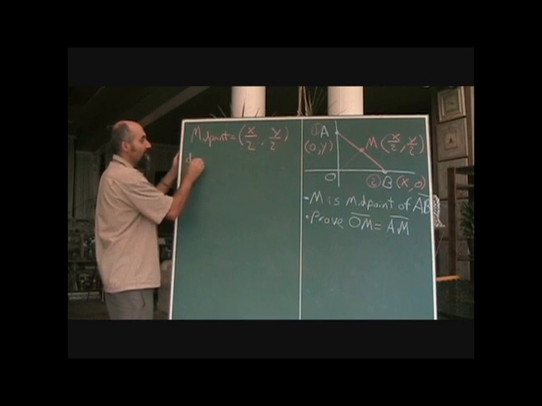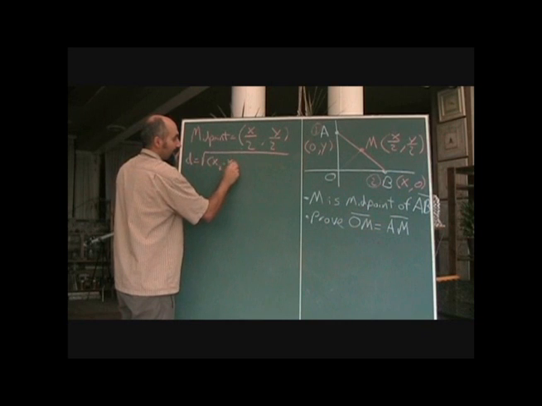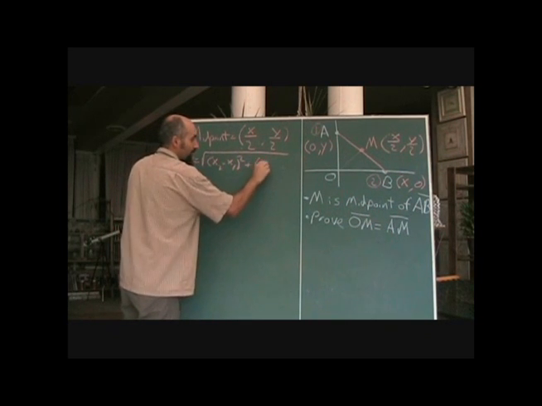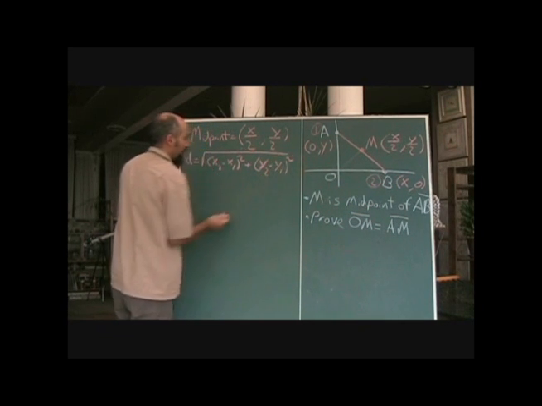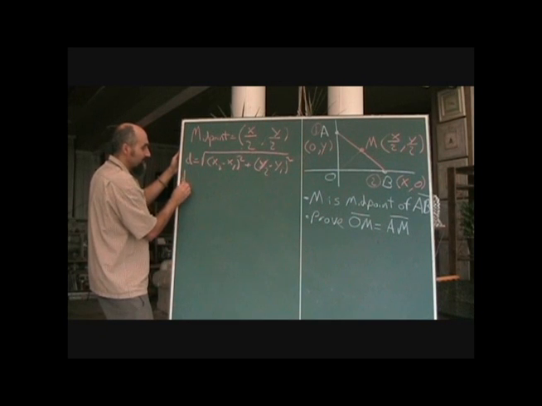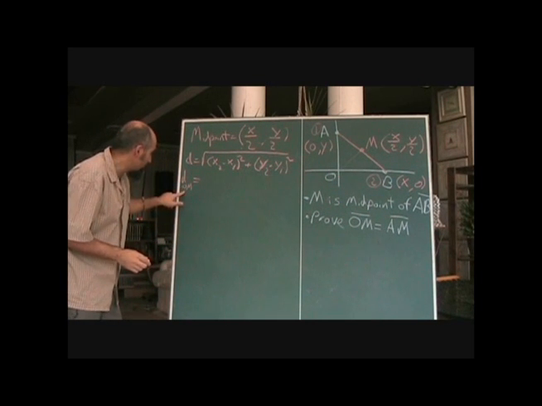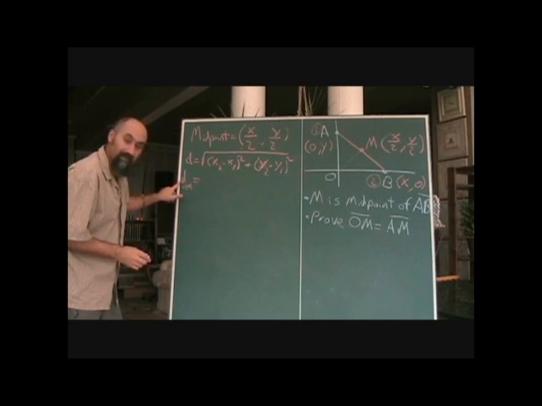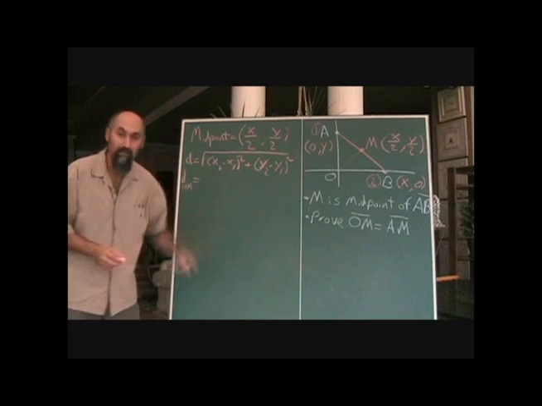The distance formula is the square root of (x2 minus x1) squared plus (y2 minus y1) squared. Let's figure out the distance for OM first. You can express it using subscripts to specify that this is the distance for OM, and later we're going to do d_AM for the distance of AM.